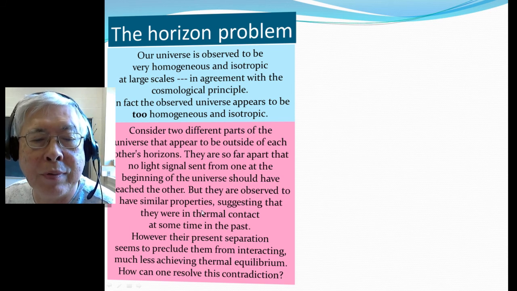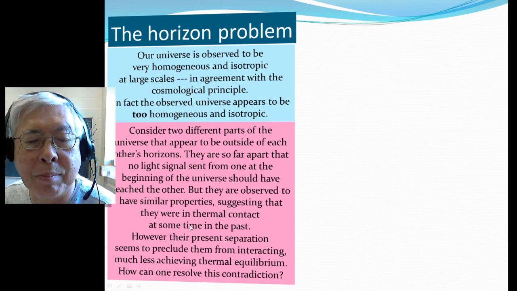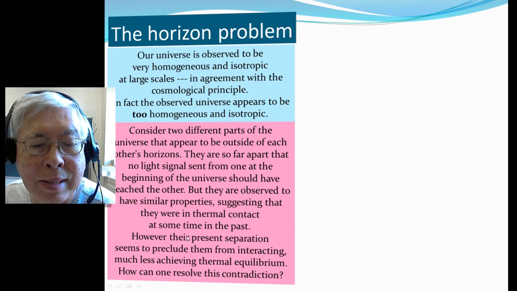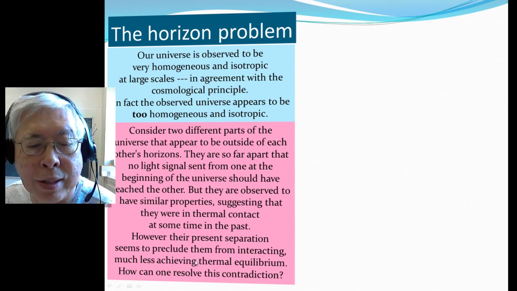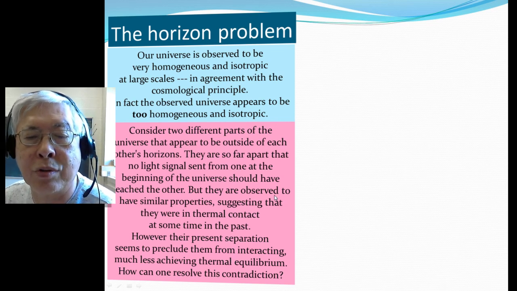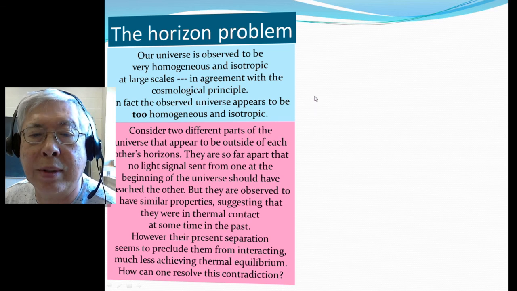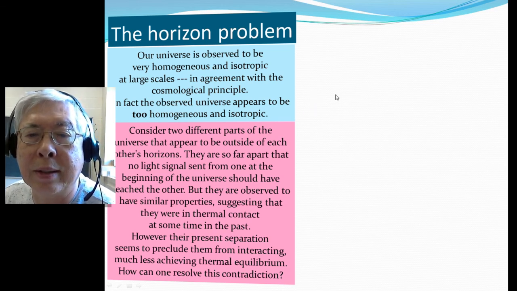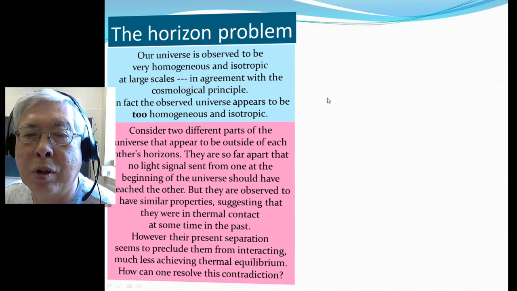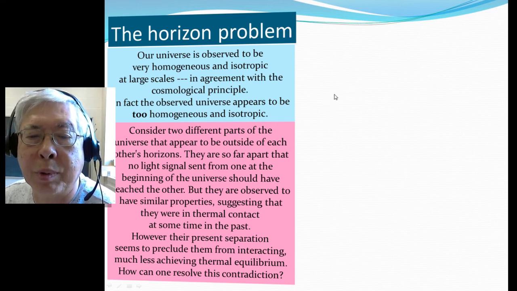But they are observed to have similar properties, suggesting they were in thermal contact at some time in the past. But their present separation seems to preclude any interaction, let alone thermal equilibrium. How can we resolve the contradiction? This is contradictory: far apart, yet similar properties, yet no causal contact between them.